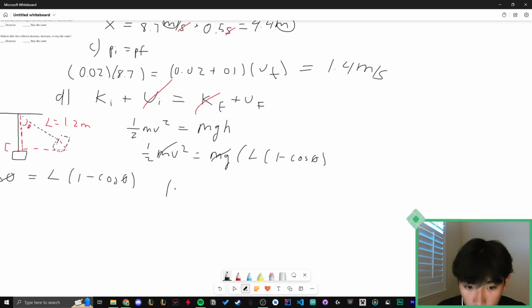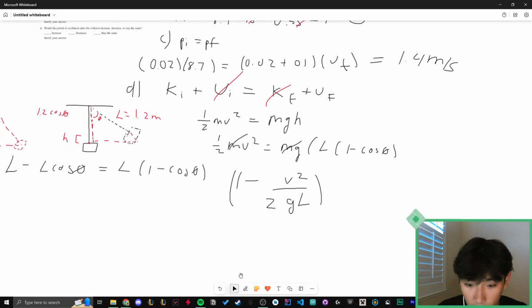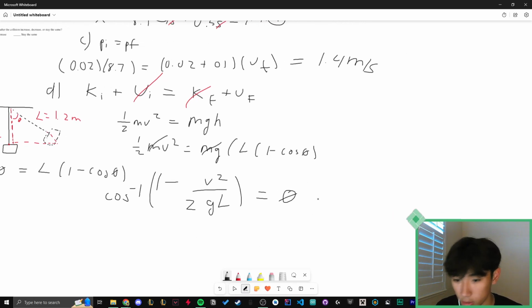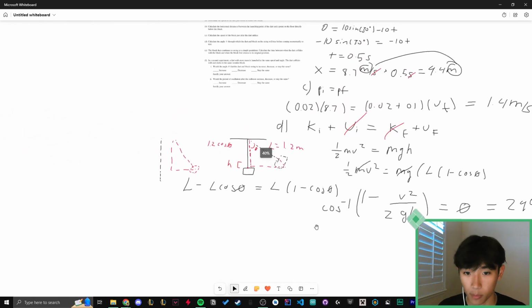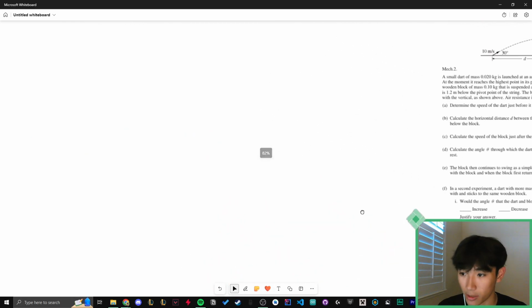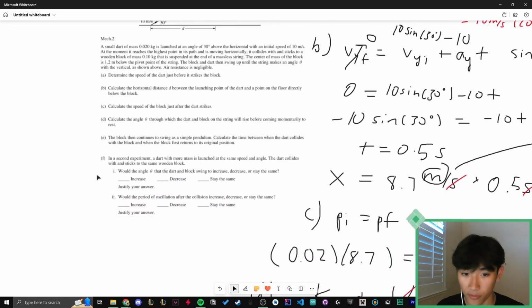So this should be 1 minus v squared divided by 2gL, and then take the inverse of cosine to get theta by itself: cosine inverse of that is equal to theta. When you plug all the constants into the calculator, you should get about 24 degrees. And that's the answer for part D. Quite complicated, but very doable.